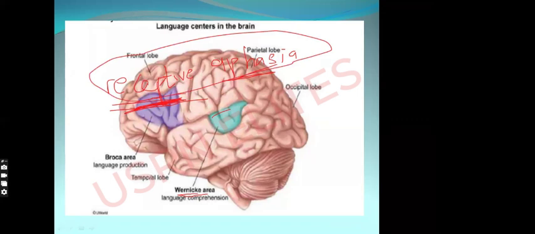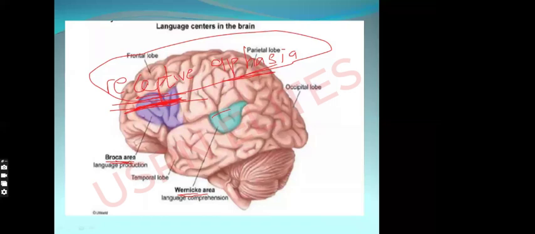So with Wernicke's, we said they can't understand, they can't receive, that's why they are receptive. But they talk a lot, they are fluent, and whatever they say is likely to be word salad, not well coordinated. With Broca's aphasia, they understand whatever you tell them. They can receive, but they cannot express themselves, so they are not fluent.